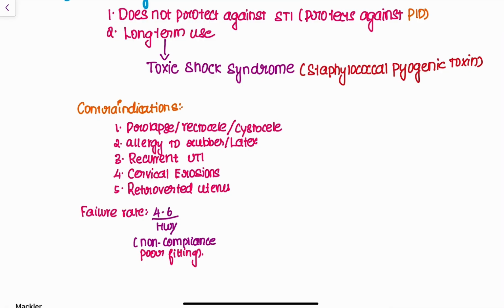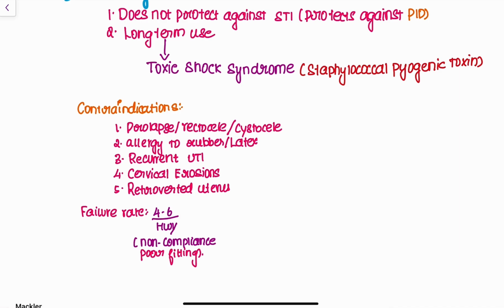And those patients who have a retroverted uterus, in conditions like endometriosis where it is a fixed retroverted uterus, in those patients also you cannot insert this diaphragm, because it has to be ensured that it is inserted in a proper way and fitted inside. So proper fitting of this diaphragm is very important for its success rate, or else it might lead to failure of this barrier contraceptive, where the couple might end up in conception.